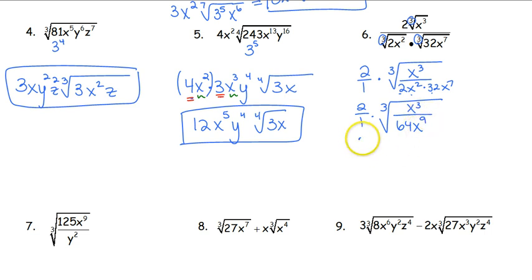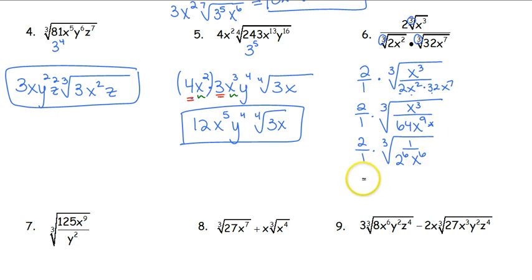Then we want to simplify here. Cube root of who wins? The bottom wins, so we've got 1. 64 can be rewritten as 2 to the 6th power, and that's x to the 6th power. We have the cube root, so we need groups of 3. Remember, the cube root, any root of 1 is just 1.